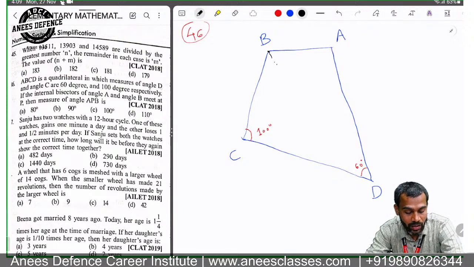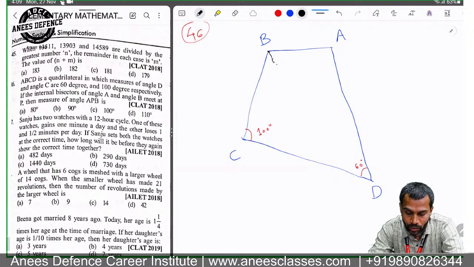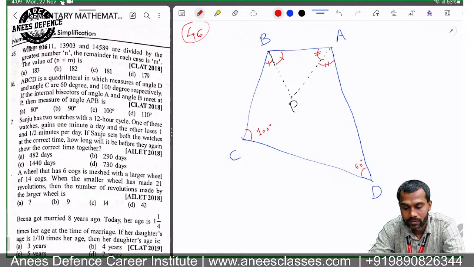It means D is 60 and C is 100. Now we need to draw two angle bisectors, of angle A and angle B. They meet at P. This angle and this angle are identical. Similarly, these two are identical. So we need to find out this angle.